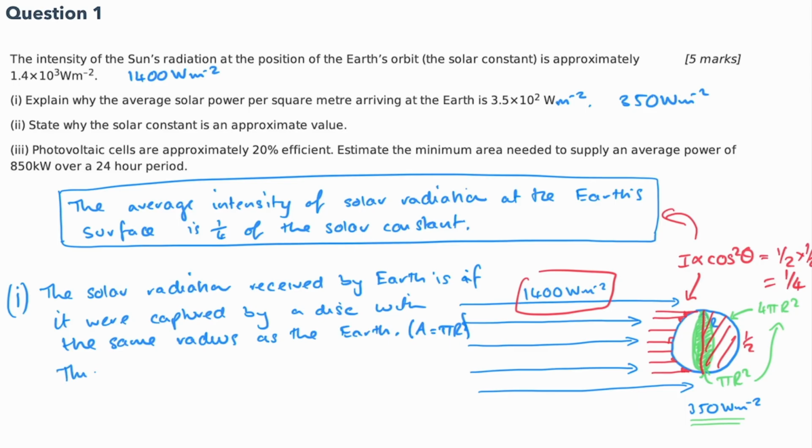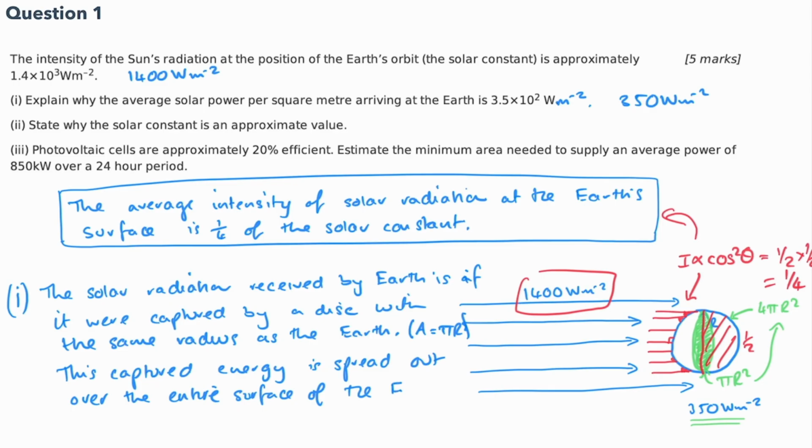This captured energy is spread out over the entire surface of the Earth, and that area is 4 pi r squared. Therefore, when averaged, the intensity is reduced by a factor of 4.